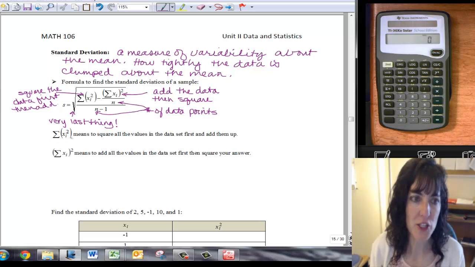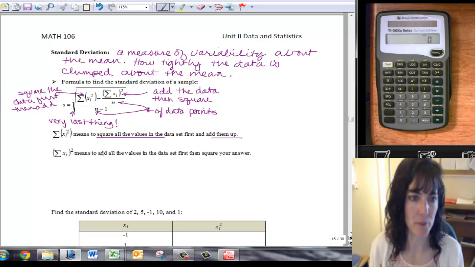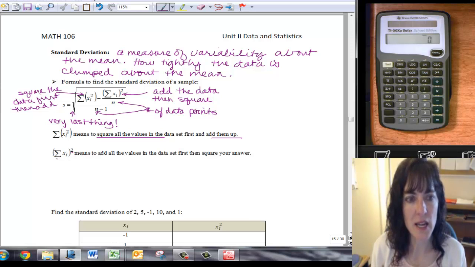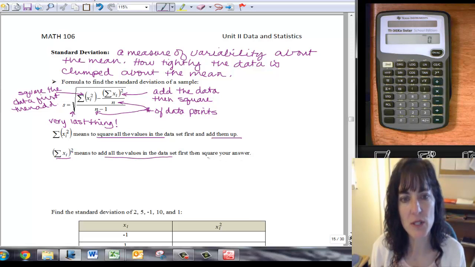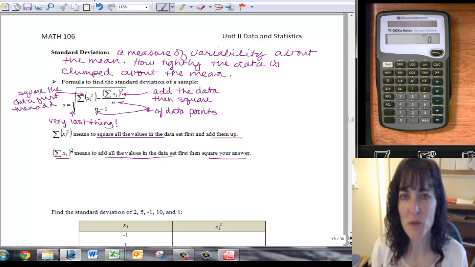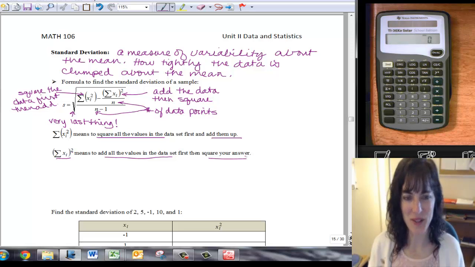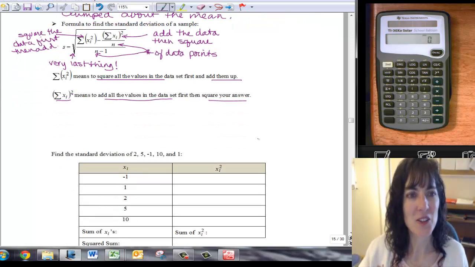Remember, we say the summation of the x sub i squared means to square all the values first, then add them up. This one where we have the squared on the outside is saying sum everything first, so add all the values in the data set first, and then square your answer. So we have it written in a couple of ways, each showing how we're supposed to do this, and we can handle this formula. All right, let's take a look.